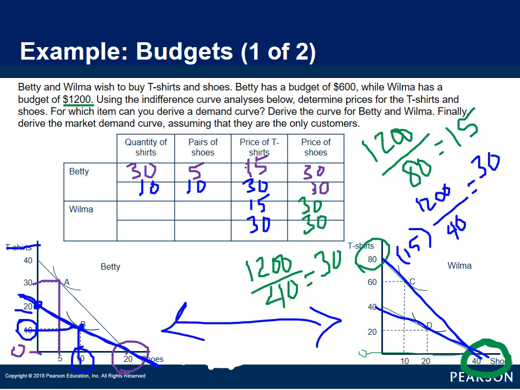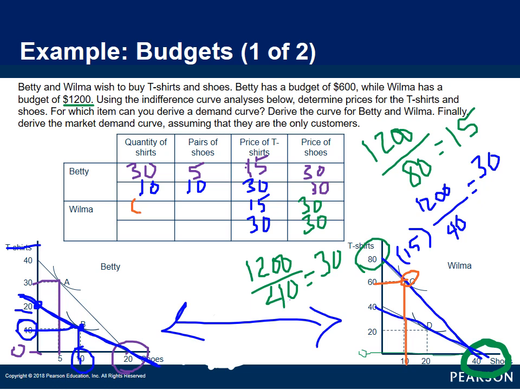So again, if we take a look at the consumer equilibrium points here, point C on the $15 budget line, we can see that she would receive the greatest amount of satisfaction by purchasing 60 t-shirts and 10 pairs of shoes. That's at the $15 budget line.